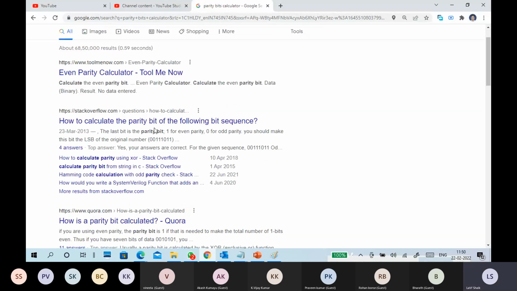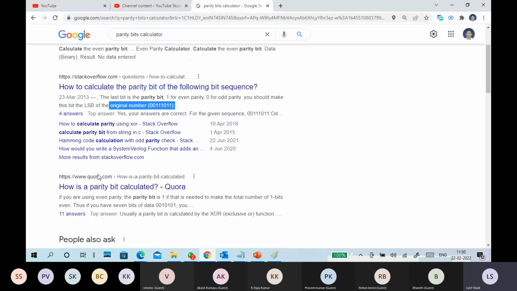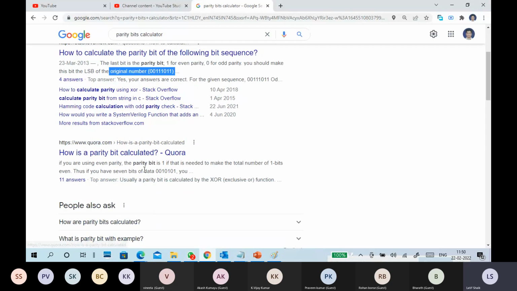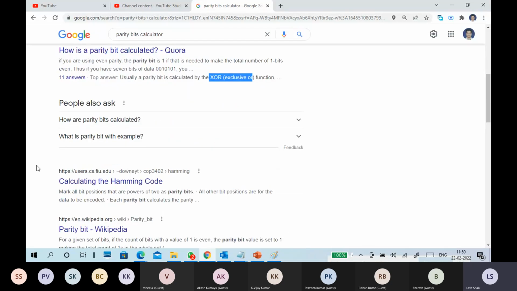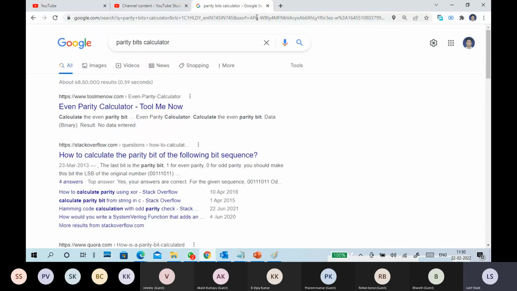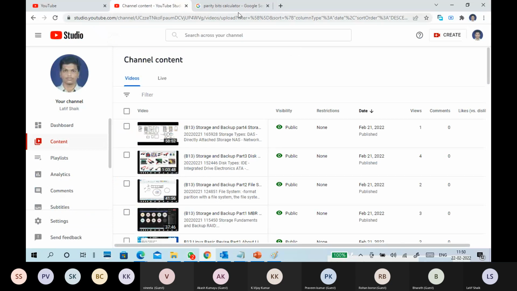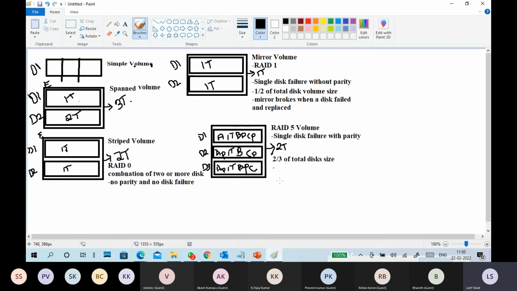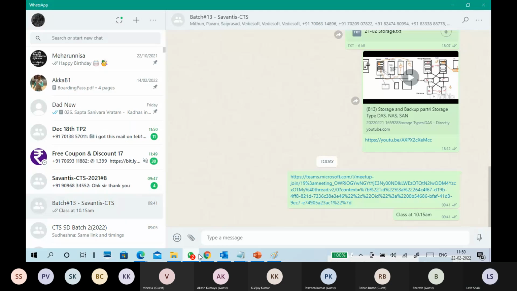So you can check this original data, how it is there, and how the parity bits are stored. Like now it will be passed through some gate. Actually, the parity bits are of different sizes. The size of the parity compared to the original data is very less.